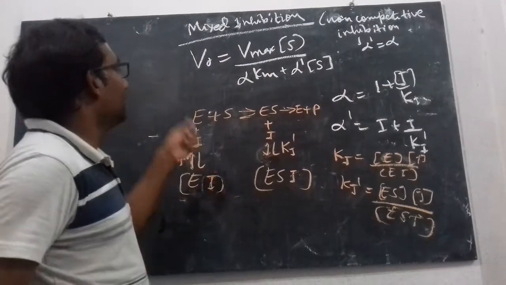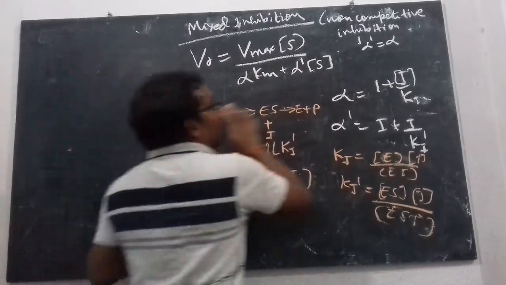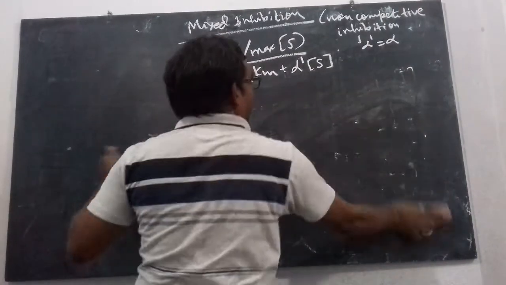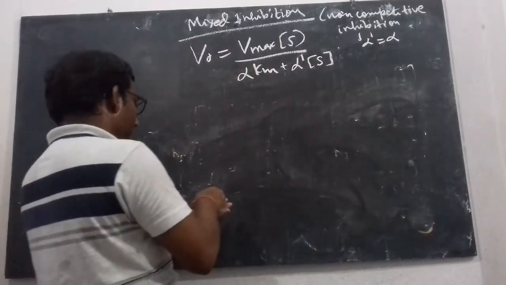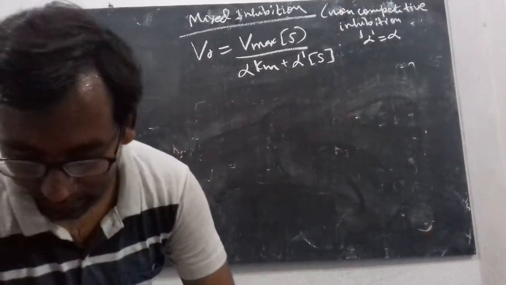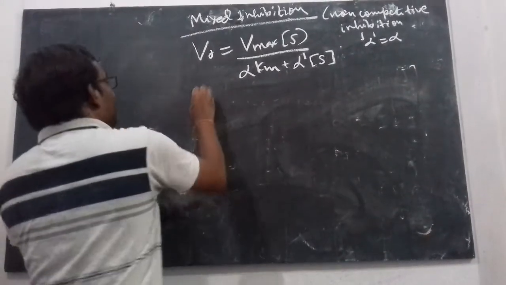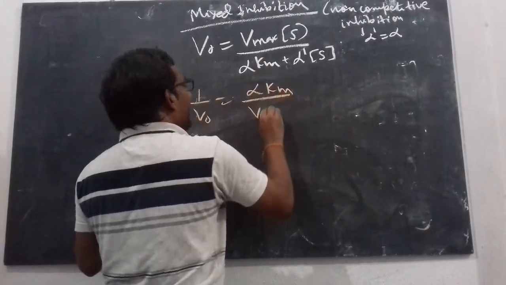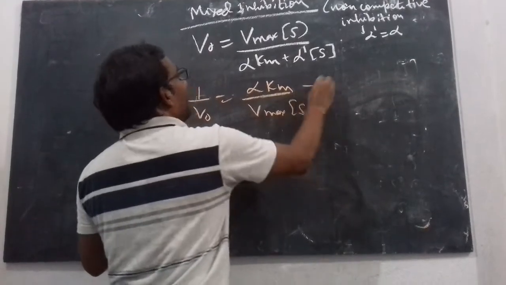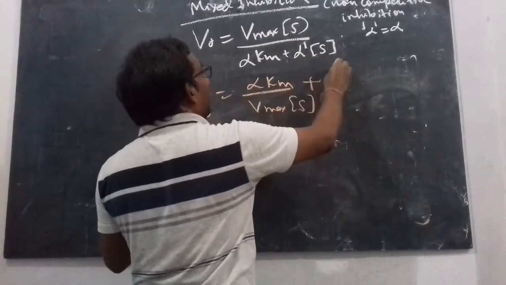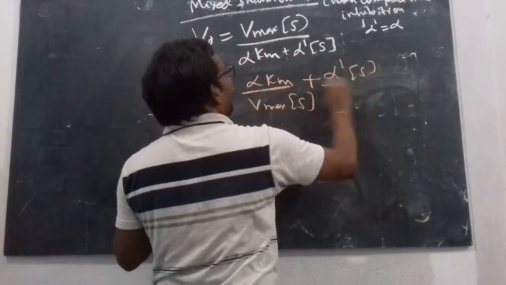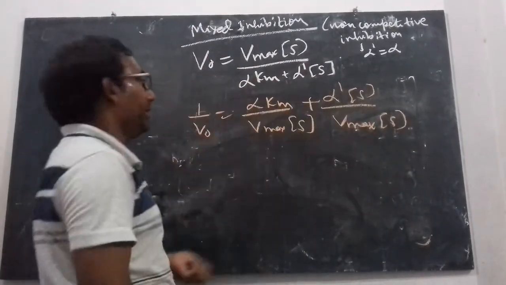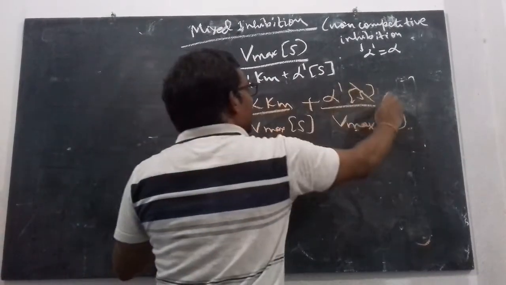Now let us do the reciprocal plot of this equation. So this is 1 by V naught, this is alpha Km by Vmax into S, and similarly the other term is alpha dash into S divided by Vmax into S. The S cancels out.